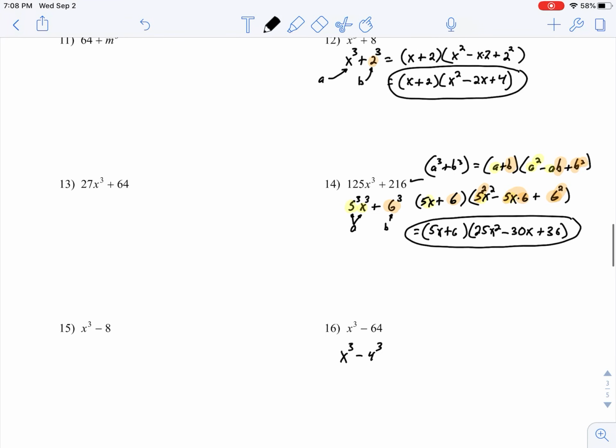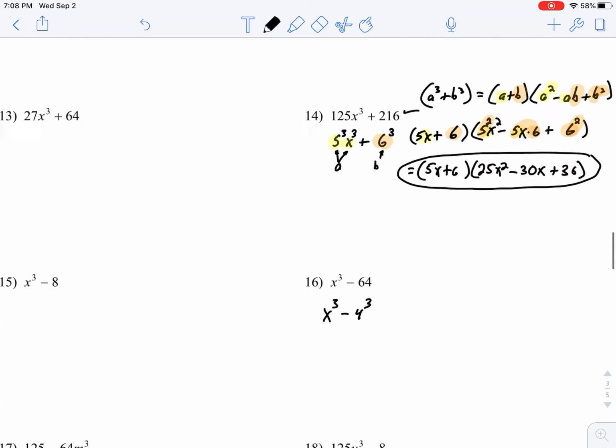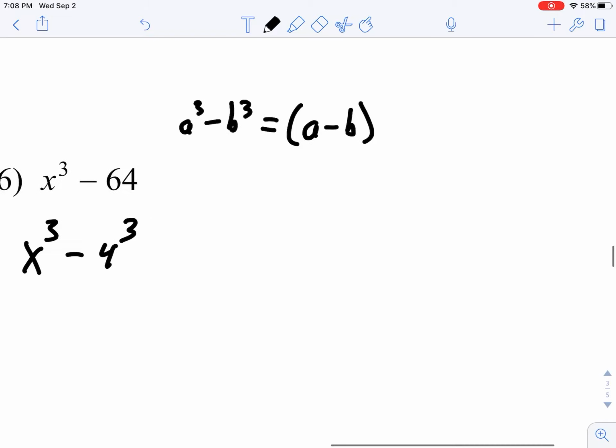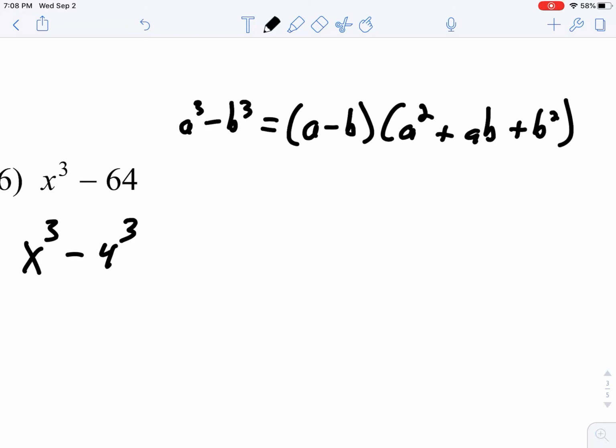So again, if you had trouble following along, this is another chance to maybe try and have it work out for you. Let me go ahead and write the formula here. So a cubed minus b cubed, that represents the problem that's given. And then the formula is a minus b times a squared plus ab plus b squared.